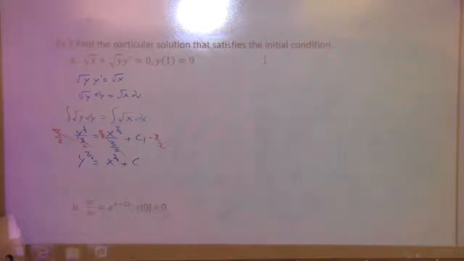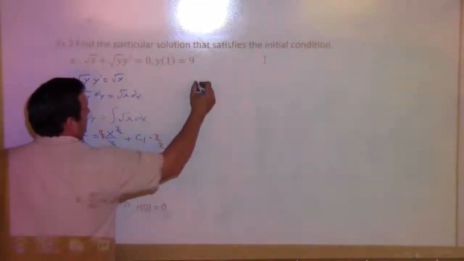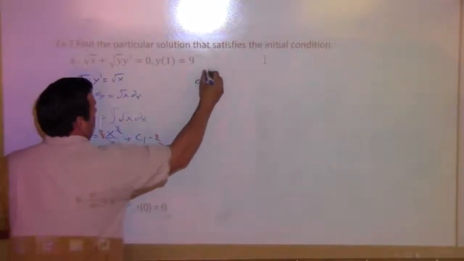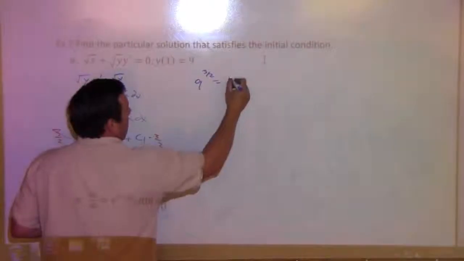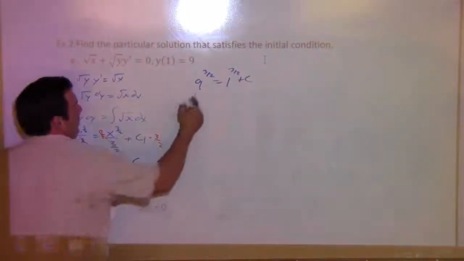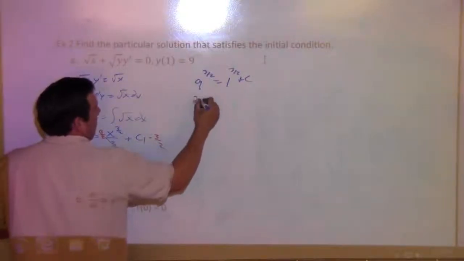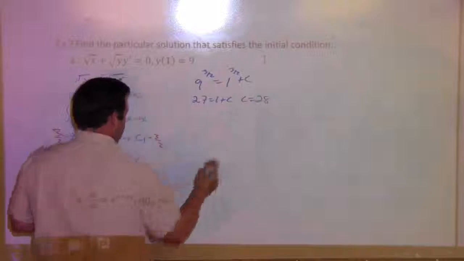And we have our initial condition, y of 1 equals 9. So 9 to the 3/2, I'm putting 9 in place of the y, equals 1 to the 3/2 plus c. So the square root of 9 is 3, 3 cubed is 27, equals 1 plus c, so c must be 28.